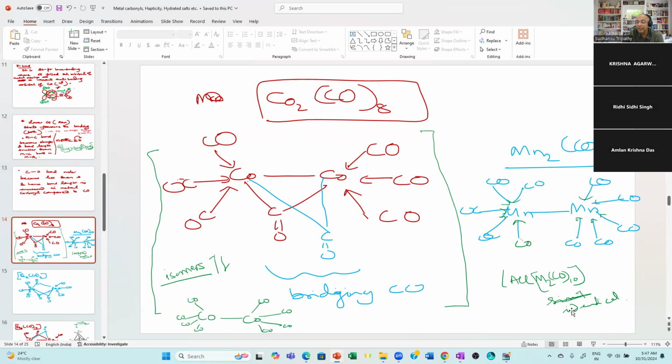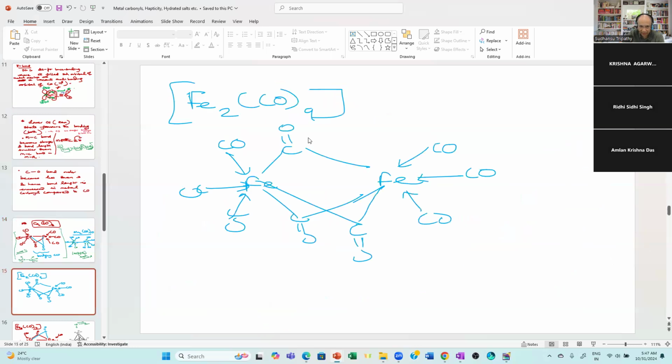but this M2(CO)10 all have identical structure, having a metal-metal bond. Manganese, its brother is technetium, and rhenium. All these have similar structures, no bridging carbonyl, 5 on each manganese.